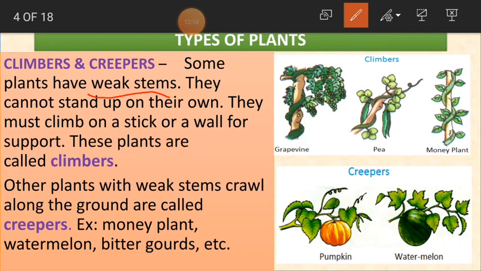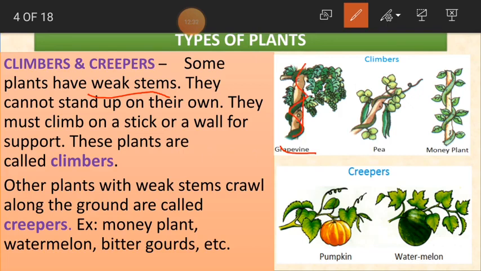It goes in the upward direction. As the support is, it starts growing. Such types of plants are called climbers. Here in the picture they are given clearly. Here the stick is there and the plant is there.